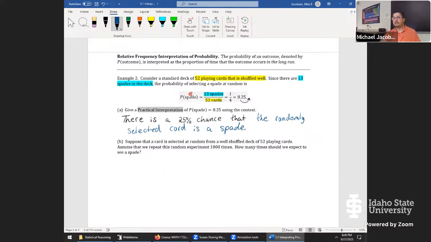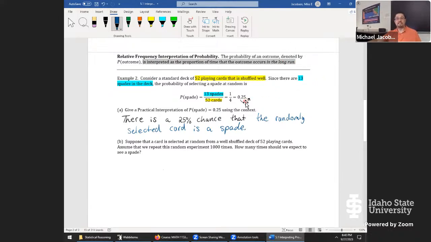And we could do this experiment, say maybe 5 times. Shuffle a deck really well 5 different times, pull out a card, and see how many times we get a spade. It's probably not going to be 25% exactly, but what we're saying here is, if you keep on doing this over and over and over again, then in the long run, it will settle down to 25%.